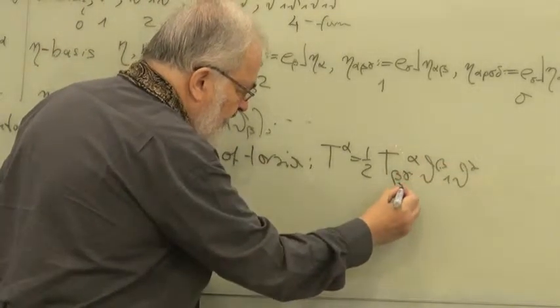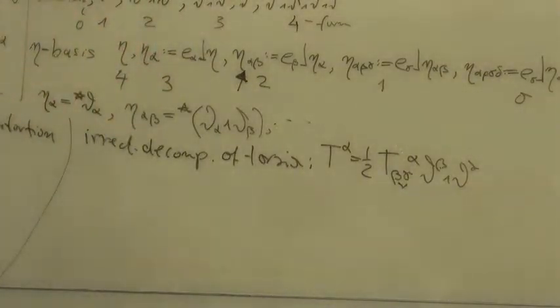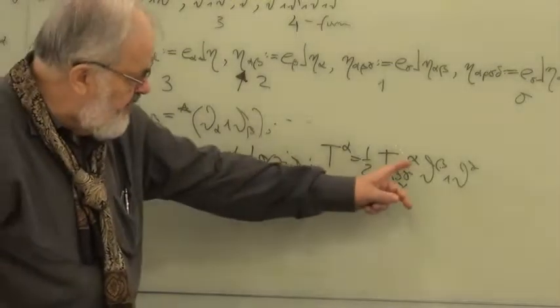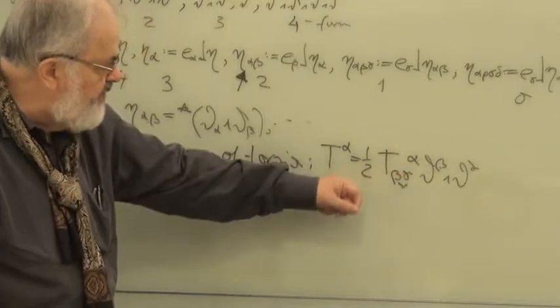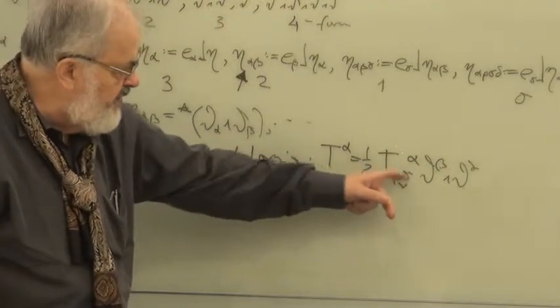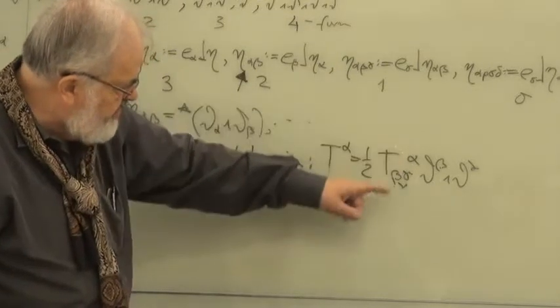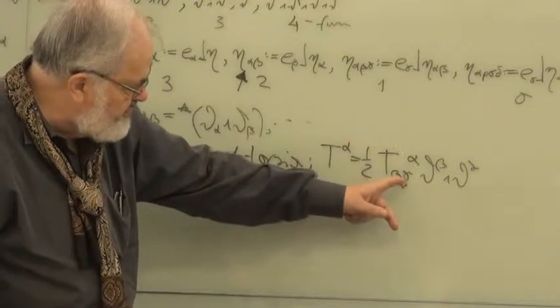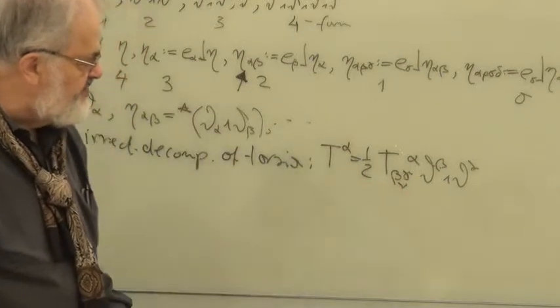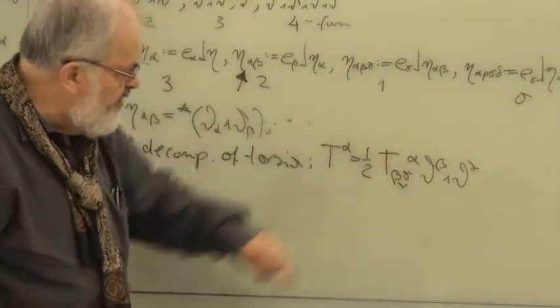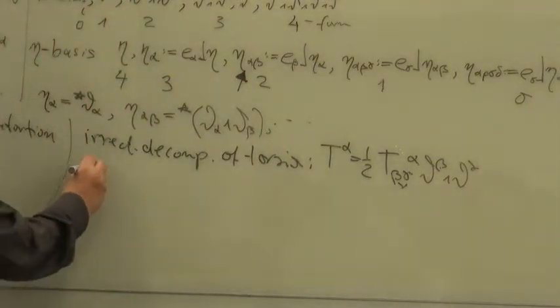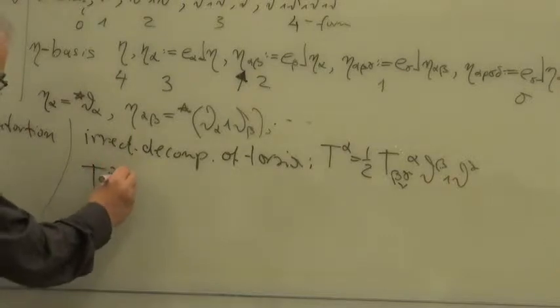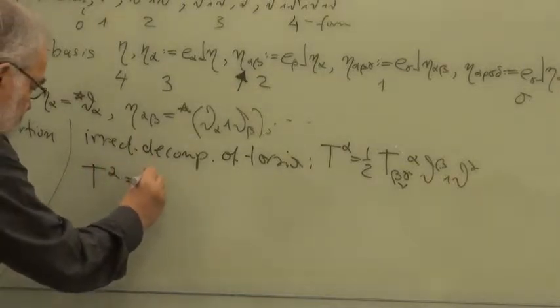This is anti-symmetric in these 2 indices, and you see it in indices much easier than in the exterior calculus. If you lower this index, then you have a totally anti-symmetric piece, which is irreducible, and you have the trace of the torsion. Whether you take the trace with respect to the first or the second index doesn't matter because it's anti-symmetric. So you easily see how to decompose it.